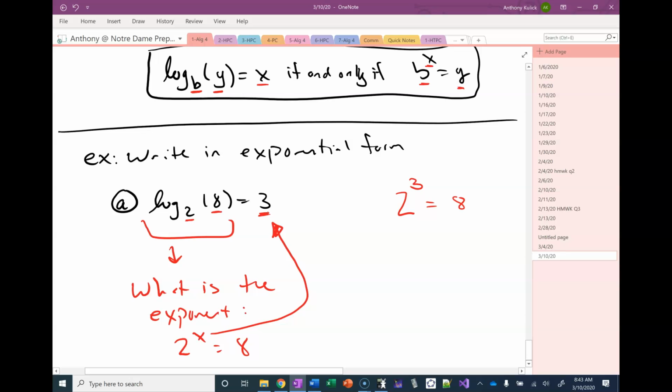So what the logarithm is doing is it's telling you what exponent you need to solve this exponential equation. Is everybody kind of okay with that idea? Can you say that last again? So it's giving you the exponent that solves this exponential equation.